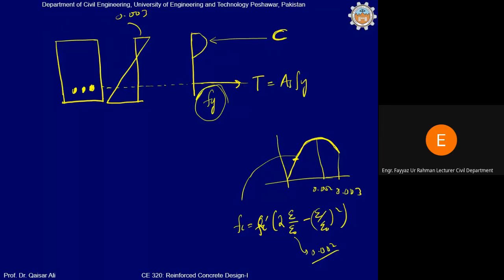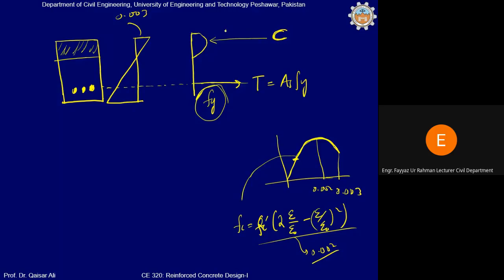Now what you will do, you will basically integrate this equation. From integration of this equation or the corresponding area, you can calculate this force. तो पहले इसको आपने डेवलप करना है, फिर उसको इंटीग्रेट करना है.